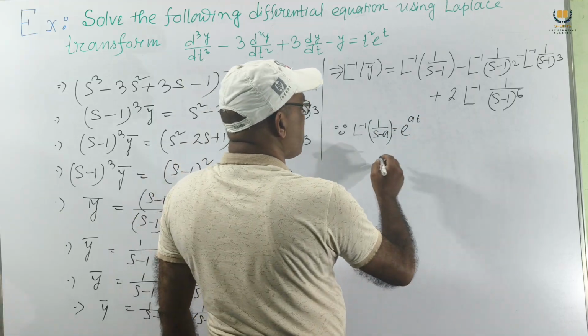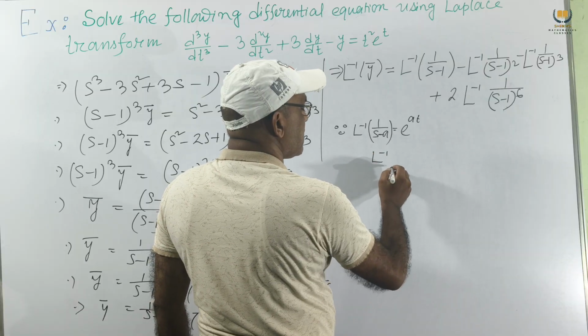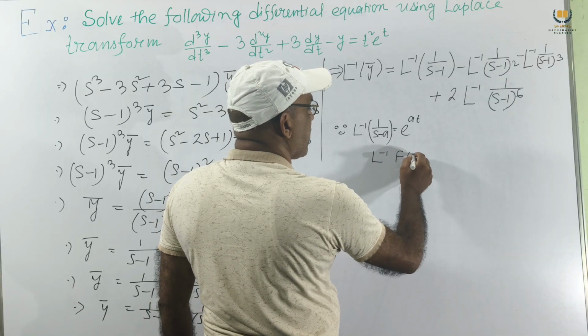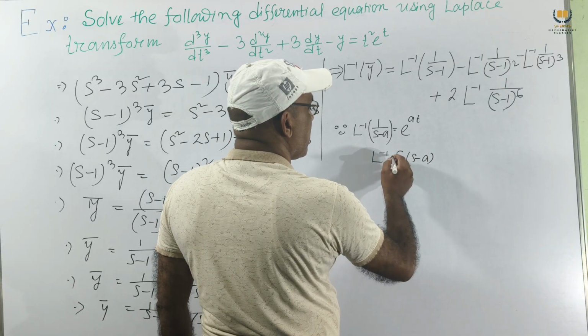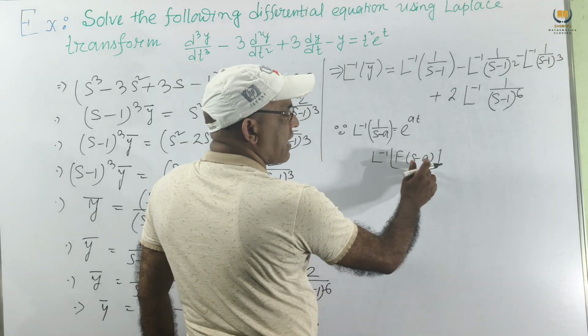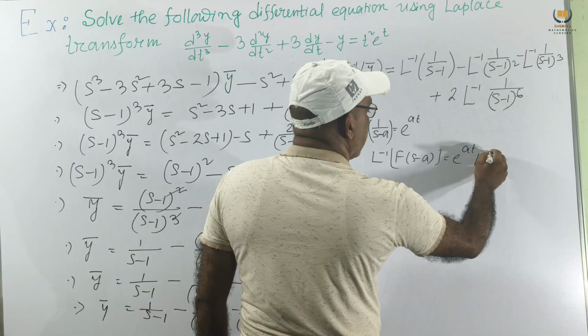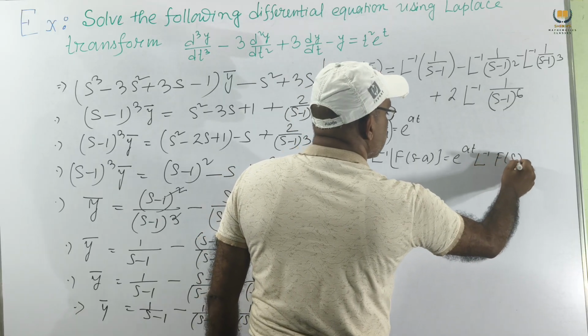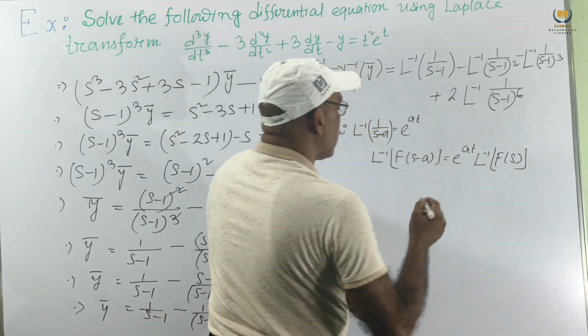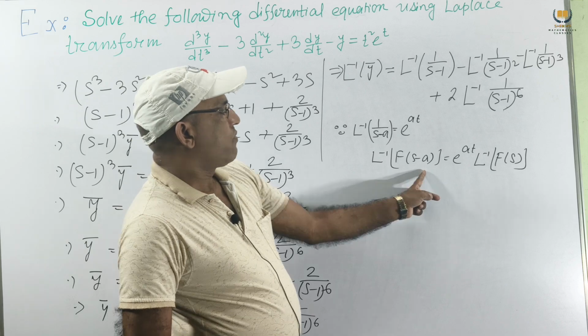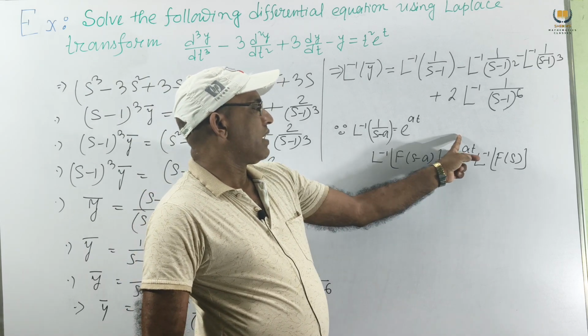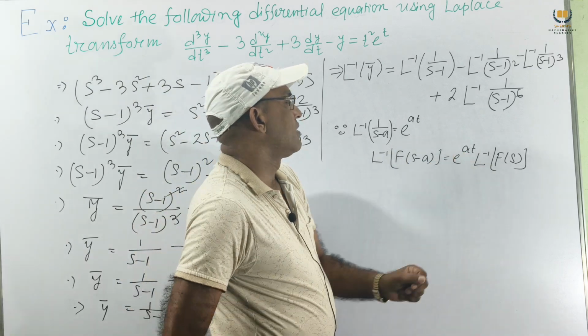Again by first shifting theorem, L inverse f of s minus a, if we remove this a, then this will be e to the power at L inverse f s.